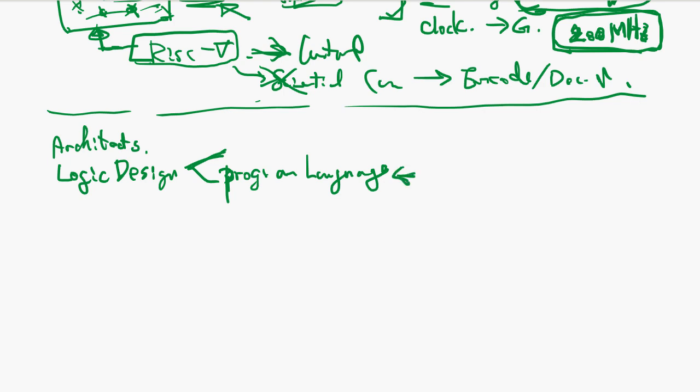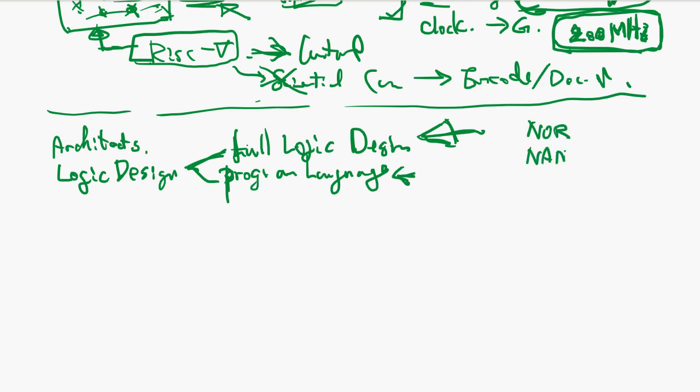Well, this is the full logic design. And this is necessary when you adopt a new technology, where it's not just NOR or NAND. There is some component which doesn't act like this.